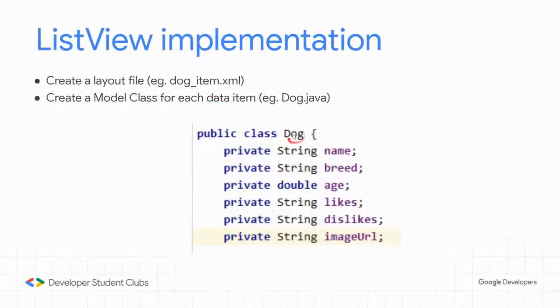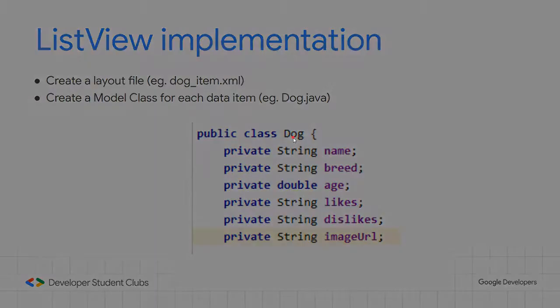For that, you have to create a Dog model class that has fields such as name, breed, likes, dislikes, and image URL. We're not going to implement age here, but it's included in the code just in case. We'll keep it simple and just try to learn the new topics today. So you have the visual part of it, then you have this Dog class that encapsulates all the fields of that particular dog.